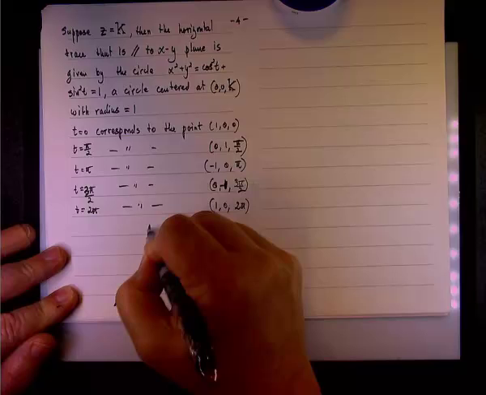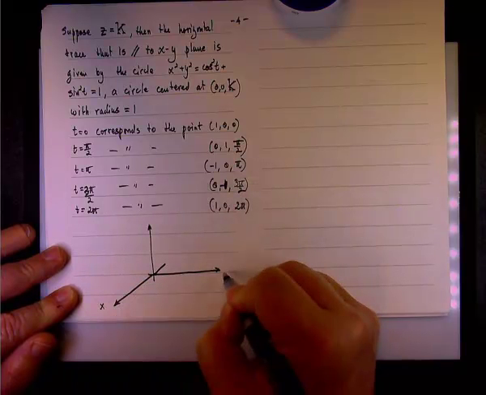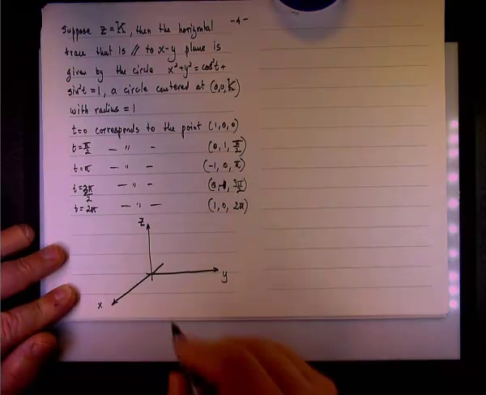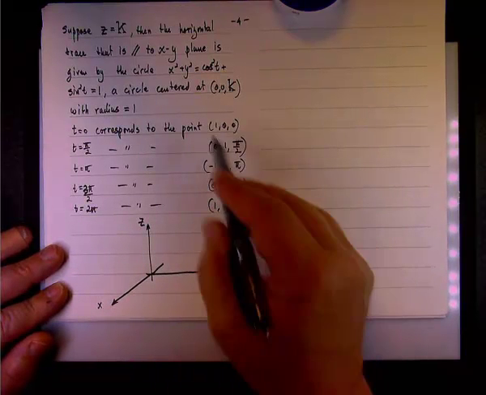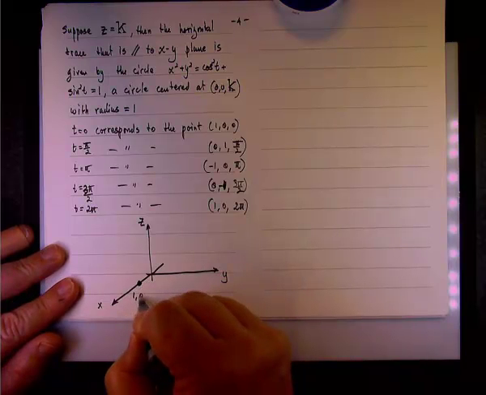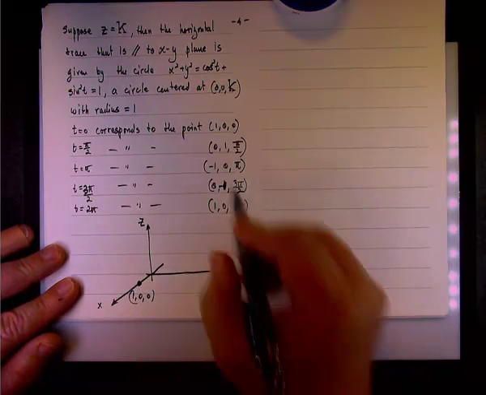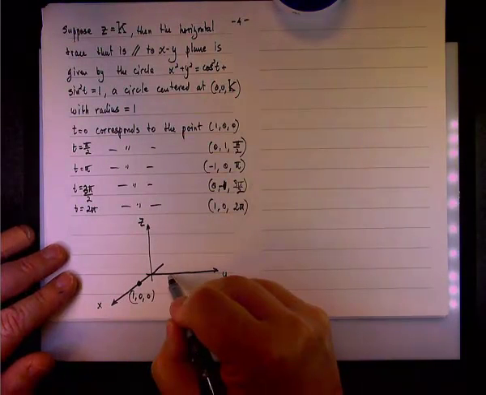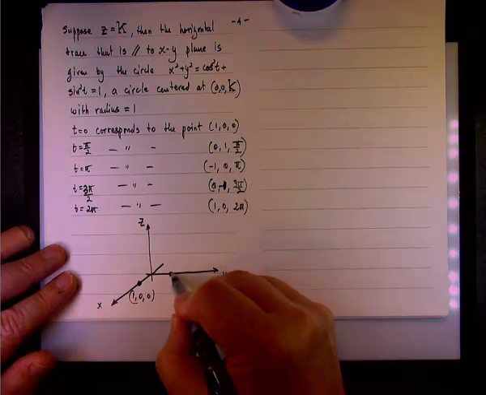Okay? So how do we sketch this? In this case we don't need a computer algebra system or Maple to sketch it. We start with t equals 0. When t equals 0, we are at the point 1, 0, 0. So this is 1, 0, 0 right there.